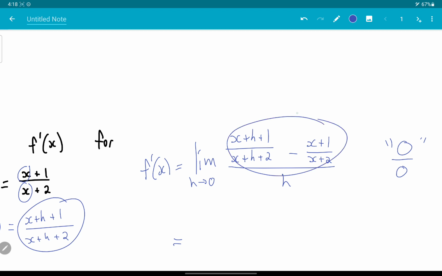So common denominator here, which will be the product of these two denominators. So if you're doing like 2 over 7 minus 3 over 4, you know, the common denominator would be 28.